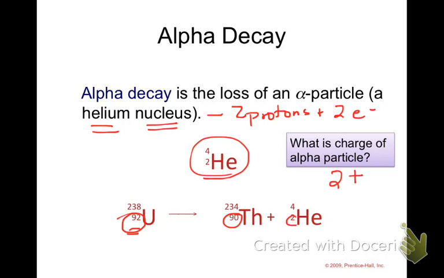The atomic number for thorium plus that alpha particle equals 92. The mass number is 238. The mass number for both thorium and that alpha particle also add up to 238. And you do have to conserve those numbers when you are drawing radioactive reactions. I should say nuclear reactions.